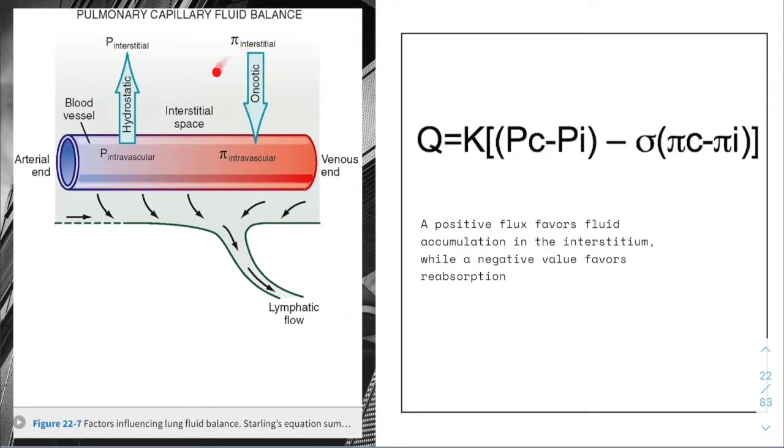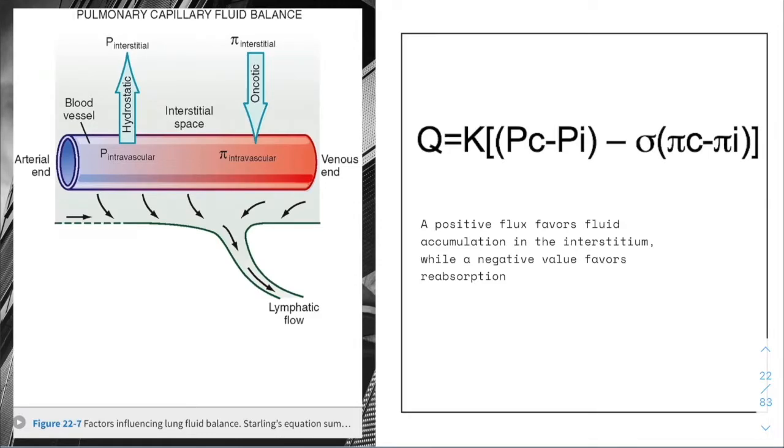Another force is your oncotic pressure. When you talk about capillary oncotic pressure, it pulls the fluid from the interstitial space to the intravascular space or capillaries. When you talk about interstitial oncotic pressure, it pulls water or fluid out of the capillaries.